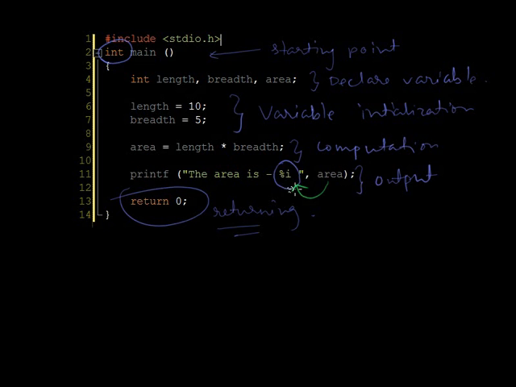And how do we want to print it? We say that we want to print it as an integer. So %i is nothing but a format specifier for integer.